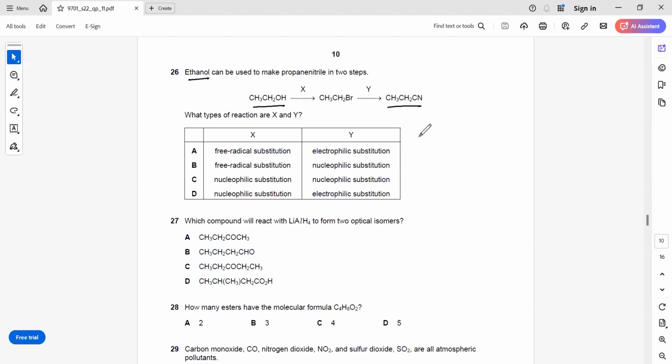This is propane nitrile with C triple bond N. And it is in two steps, step 1 and step 2. What we are observing here, alcohol is converted into halogenoalkane. So bromoethane, ethanol.